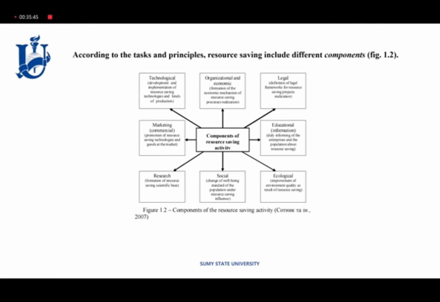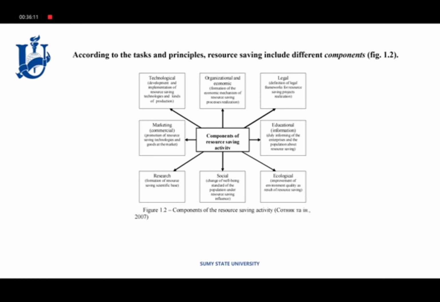And the social component is the impact of resource-saving projects on changing the welfare of the population, its lifestyle and quality of life, improving working and living conditions, reducing levels of occupational injuries, and so on.